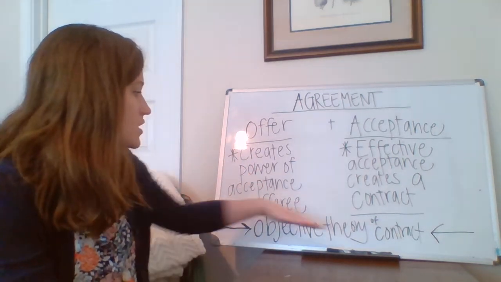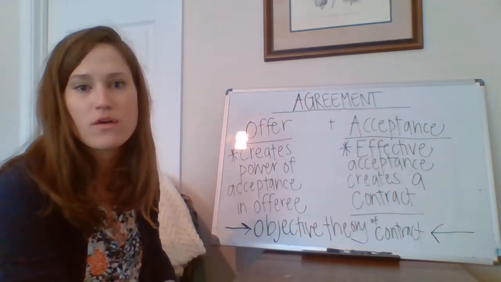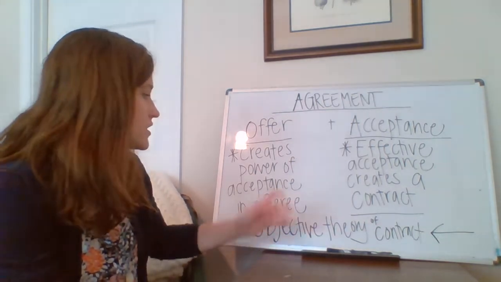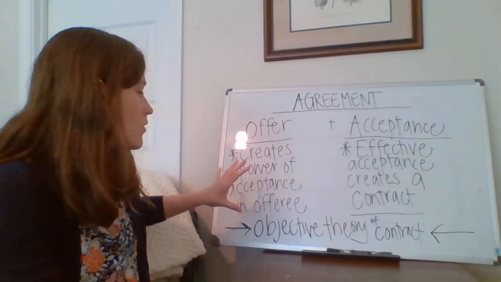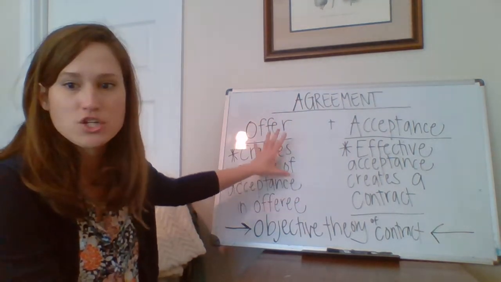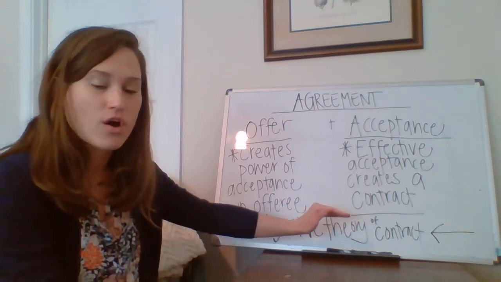Now, what I've got up here, and again, you'll see this come up over and over throughout the rest of our contracts coverage. There was a reading specifically on this concept. What I've got here is kind of underlying the agreement, the formation of agreement. We have what we call the objective theory of contract.